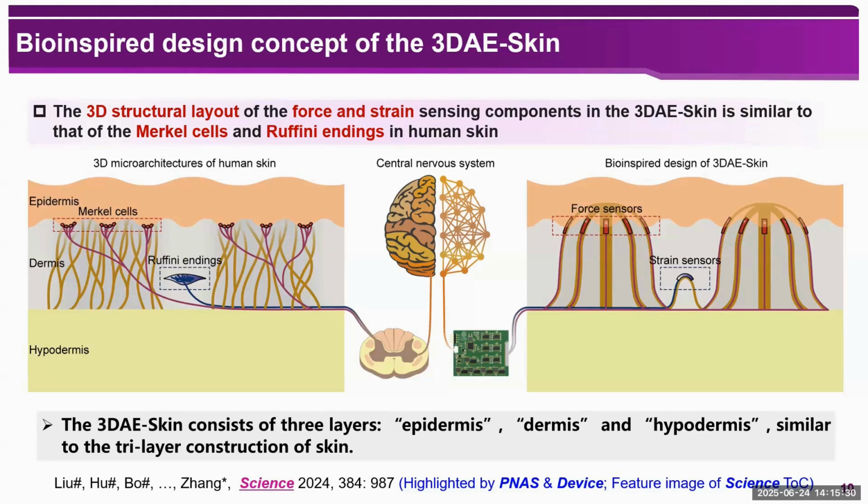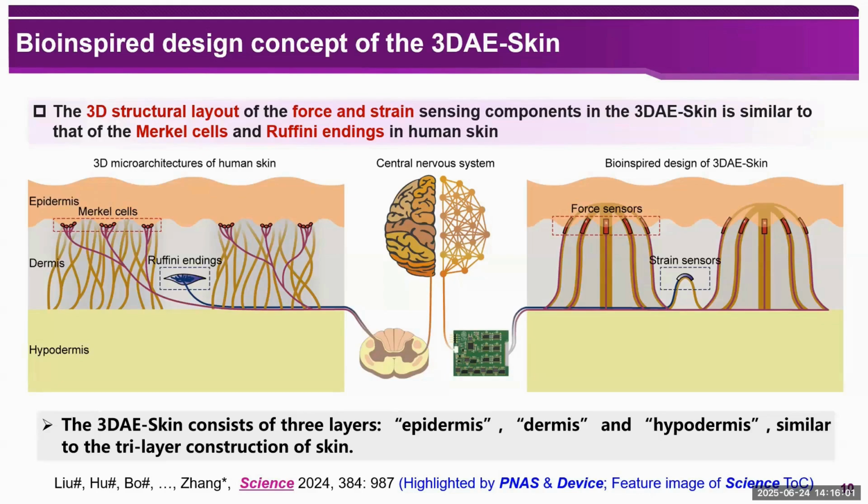Also in this work, we propose to use the piezoresistive sensors to mimic the slowly adapting receptors in our human skin, because they can produce continuous outputs in response to sustained stimuli. And then the signals generated from those sensors can be collected and processed through the modules of data acquisition and signal processing, which is similar to the function of the central nervous system in our human body.